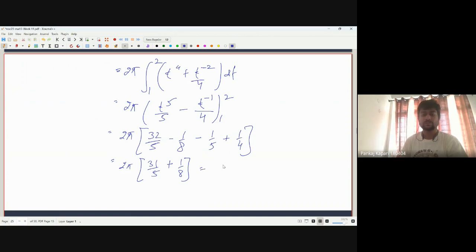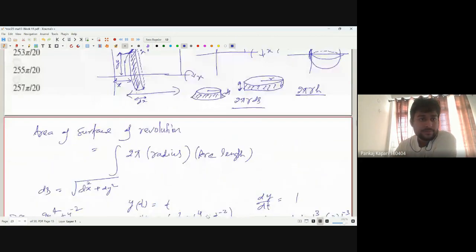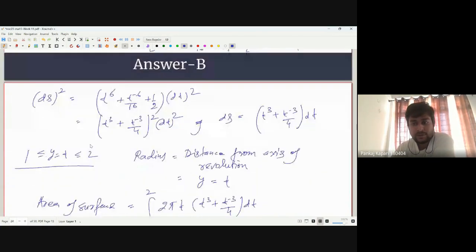Okay, so if you simplify it, in the denominator you will have 40. So what is 248 plus 5? It's 253 pi divided by 20. Okay, so second option is correct. 253 pi divided by 20.